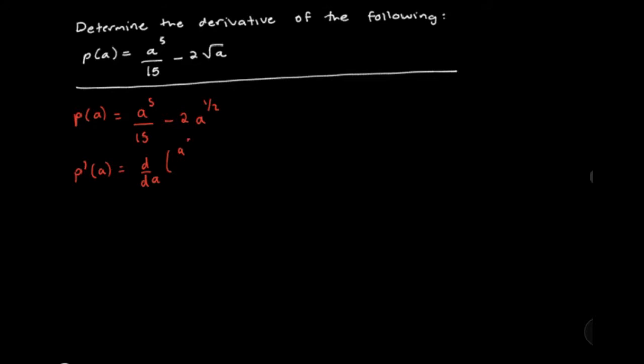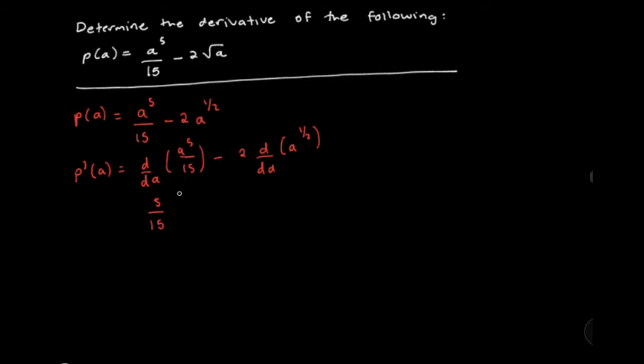Of a to the power 5 over 15 minus 2 times the derivative d/da of a to the power 1/2. Then you use the power rule, right? So if we use the power rule, we're basically going to get 5 over 15, right? Because you got to think about this as 1 over 15 times a to the power 5. And then when you do the derivative of a to the power 5, what you're going to get here is 5a to the power 4, right?